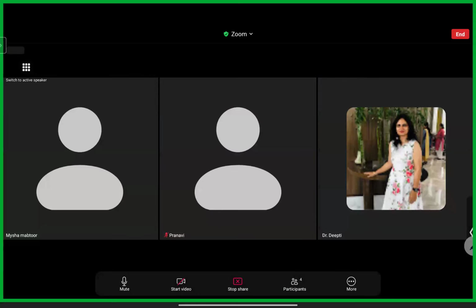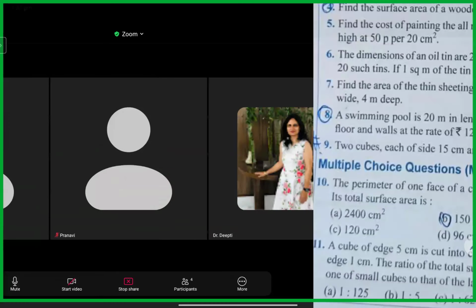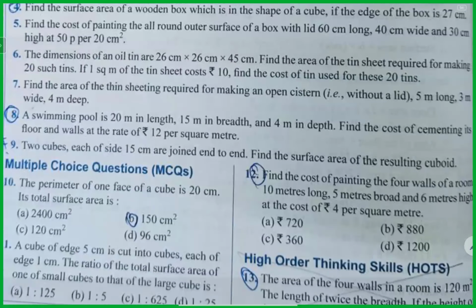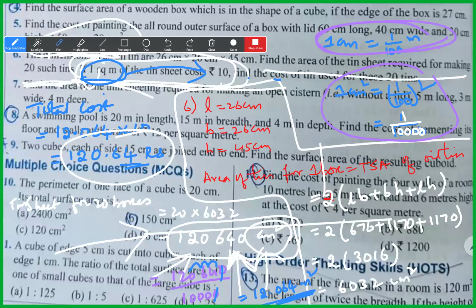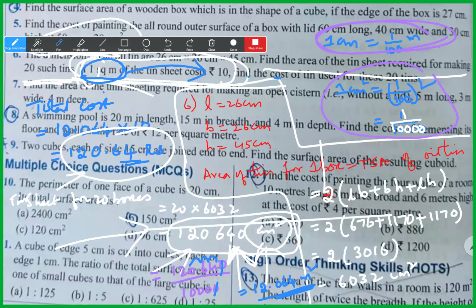Find the cost of the newspaper. Okay, Pranavi. Actually, we multiplied at the first itself. We found out the area of 20 sheets, so that is the reason why we got this as the final answer.